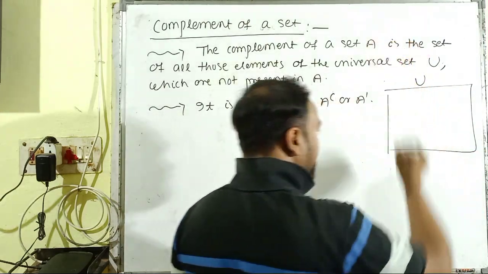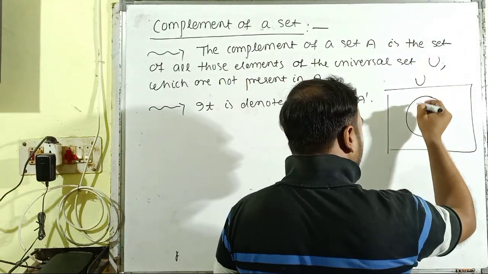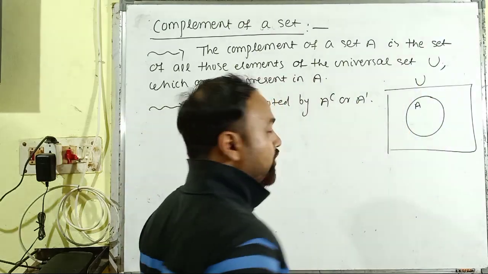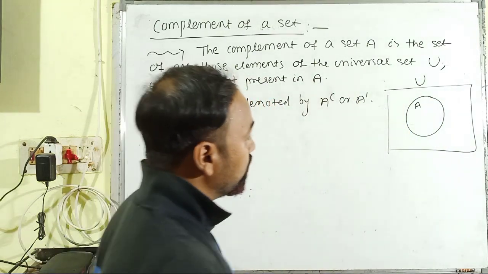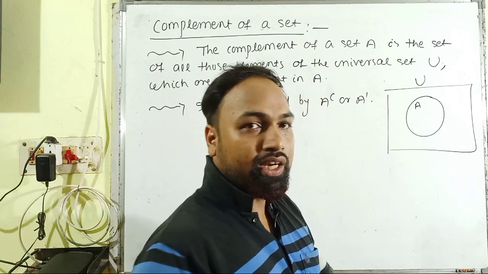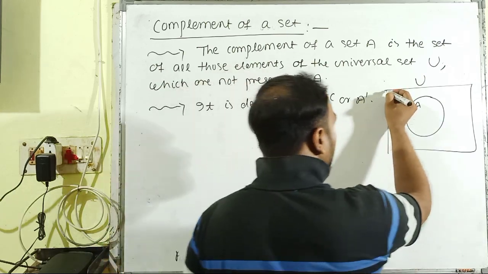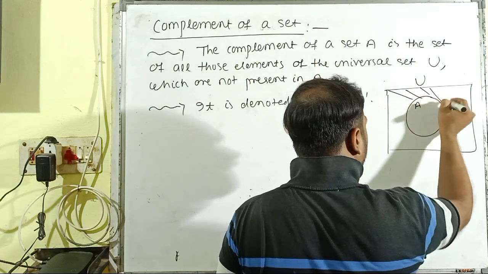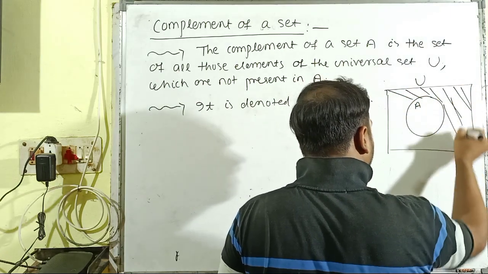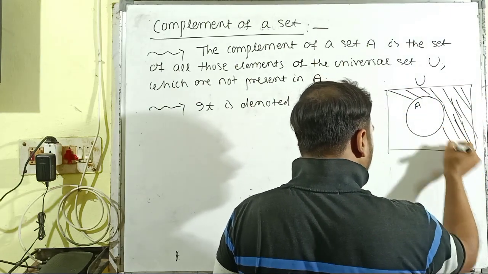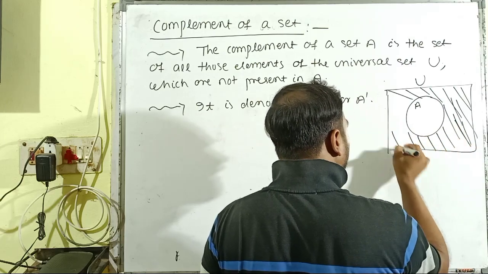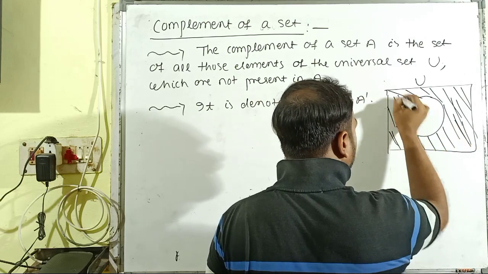This is the universal set U, and here it is the set A which is a subset of the universal set U. We have to find those elements which are not present in the set A. That means the rest of the elements are here. And this shaded portion is called the complement of the set A.